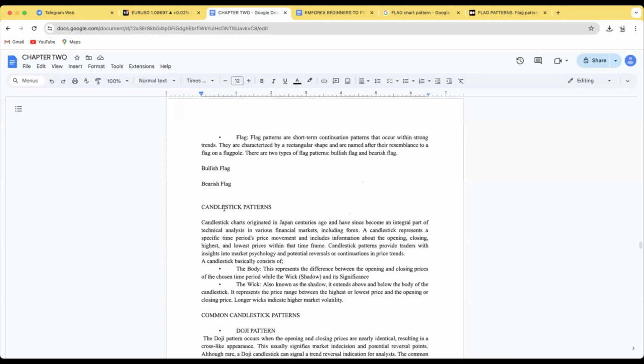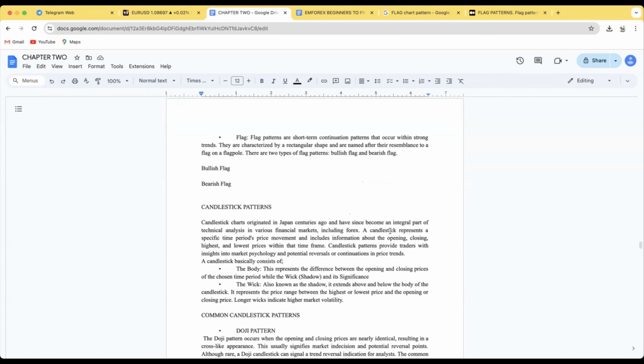All right, so let's continue. Let's look at candlestick patterns. Candlesticks originated in Japan centuries ago and have since become an integral part of technical analysis in various financial markets, including Forex.